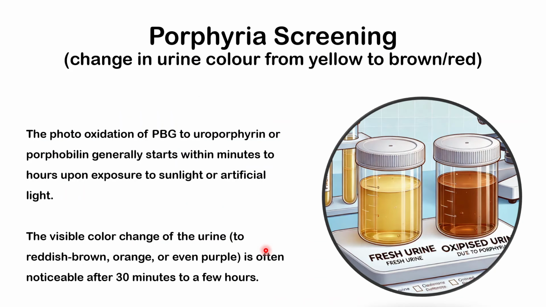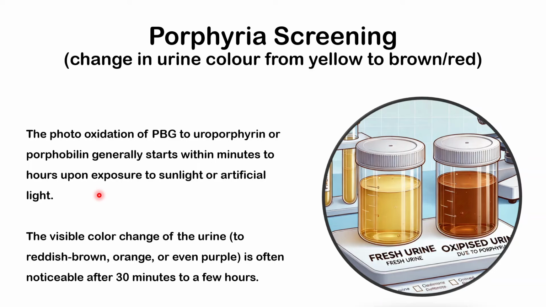Now, can we screen them? Yes, porphyria can be screened by taking urine samples, and we can see a change in urine color from normal pale yellow to brown and red. Okay, why does this occur? This occurs because of photooxidation of porphobilinogen, which is present, to uroporphyrin. It generally starts within minutes to hours upon exposure to sunlight.